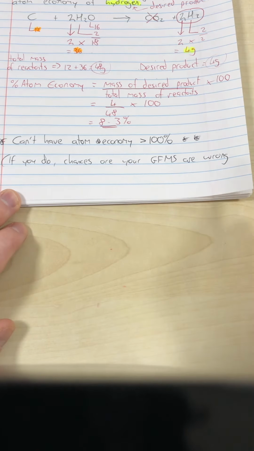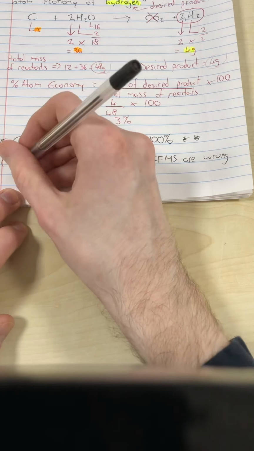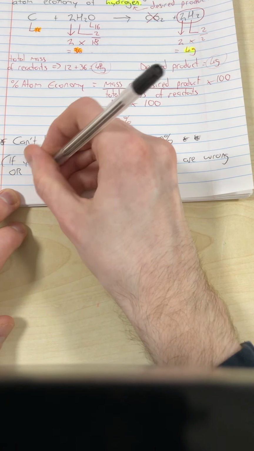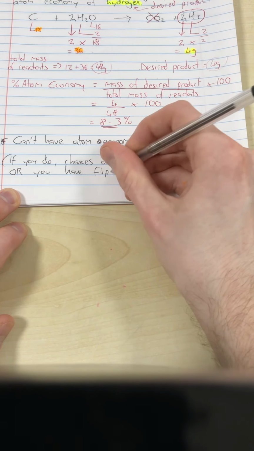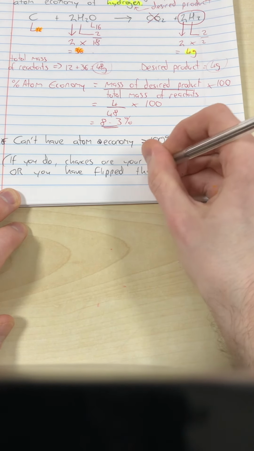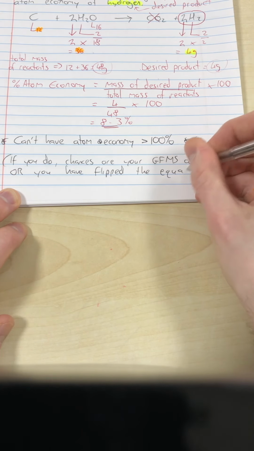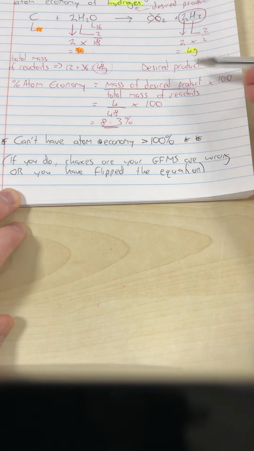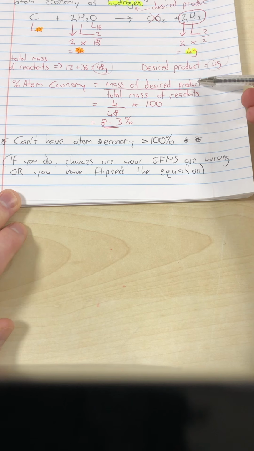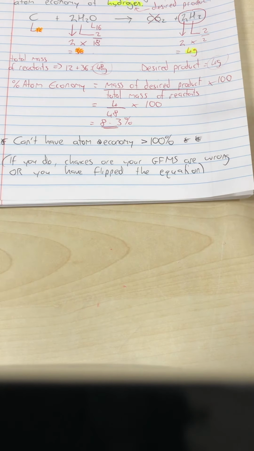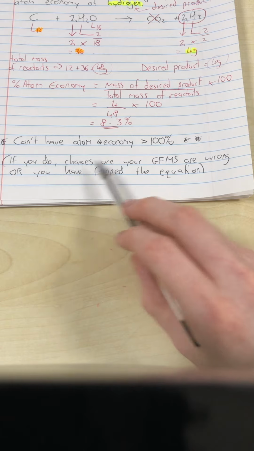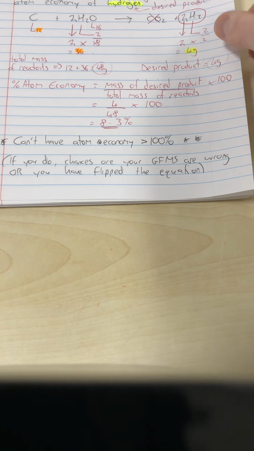Or you have flipped the equation. What I mean by that is that you put the mass of the desired product on the bottom and you put the total mass on the top. So if you're getting a percentage of over 100%, you need to rethink your answer. You've made a mistake and chances are that's one of the two mistakes.